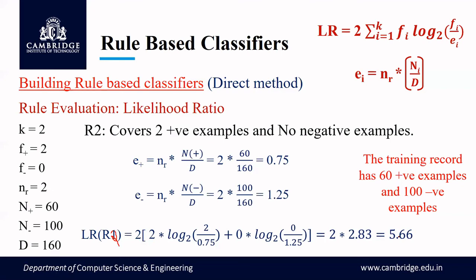Correct. Now what is the next step? The next step is to compare both values, that is the likelihood ratio value for R1 and for R2, and see which has the greater value. As I told earlier, the greater the likelihood ratio, the greater the chances of correct prediction or correct classification, right?